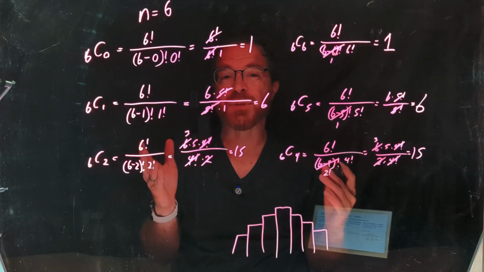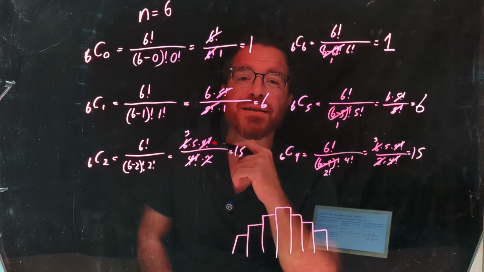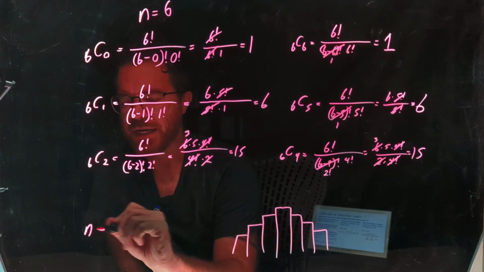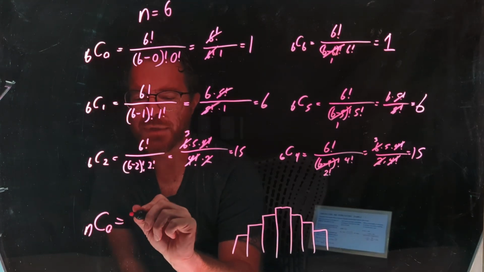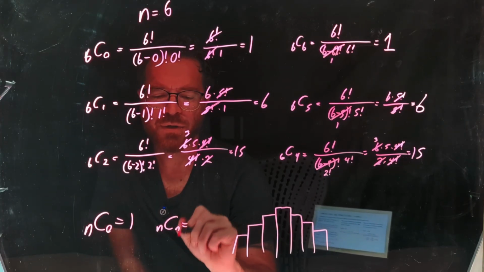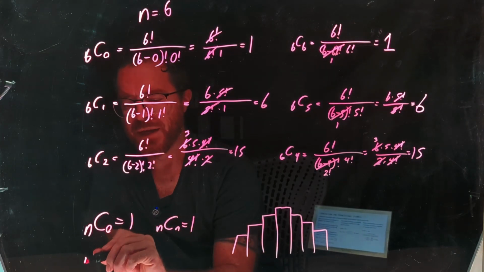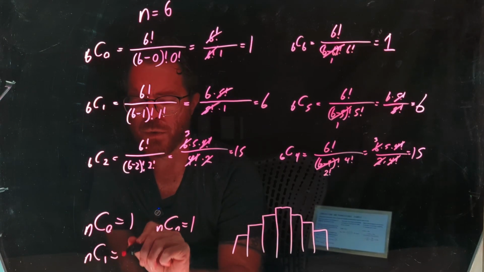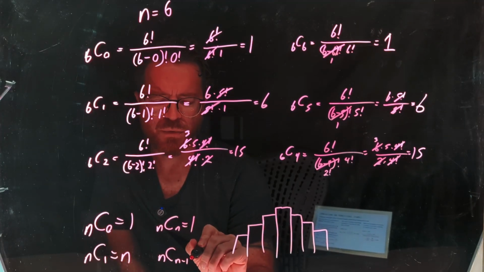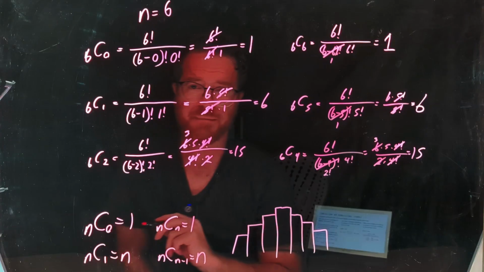Or I like to do these ones from the outside. And this is because n choose anything, so n choose 0 will always be 1. N choose n will also always be 1. N choose 1 will always be n. N choose n minus 1 will always be n.